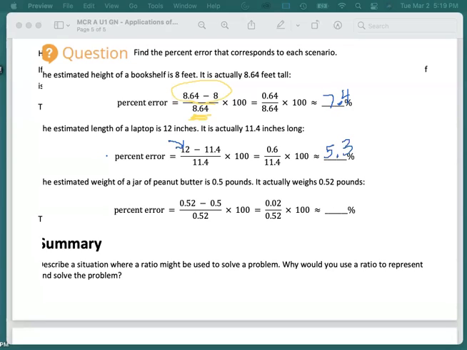Divide that by the actual weight, which is 0.52, and I get 0.03846154. Multiply that by 100, and I get 3.8% error. So this lesson went over ratios, cross multiplying, percent increase and decrease, and percent error.